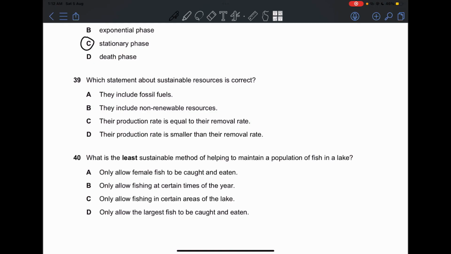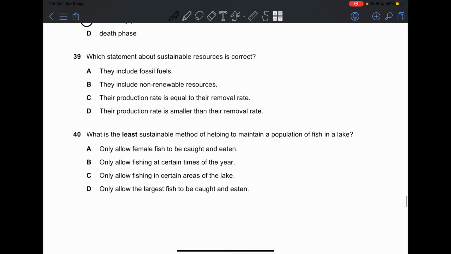C says their production rate is equal to their removal rate. This is a correct answer because as long as you can produce rapidly this energy, then it is a renewable resource. D says their production rate is smaller than the removal rate. This is an incorrect answer because they should be equal.